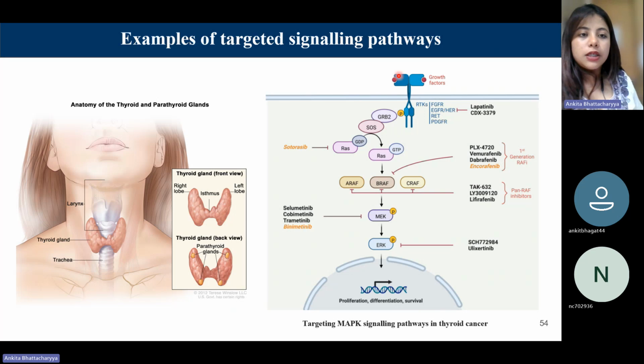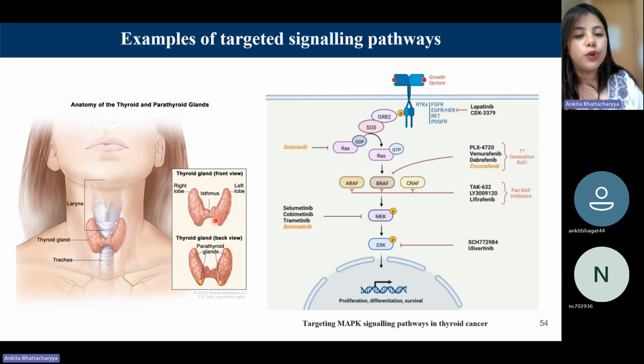Okay, so here I have given you two more examples of targeting signaling pathways. Basically, one example is of the thyroid cancer. I hope you're familiar with the thyroid gland itself, but if not, just to quickly show it to you, this is what the thyroid gland looks like, and of course, it is located right below the larynx or the voice box, which you have here, and it sits above the trachea.